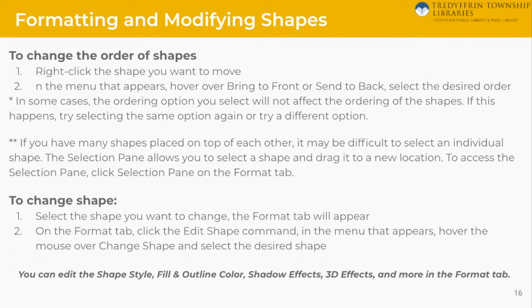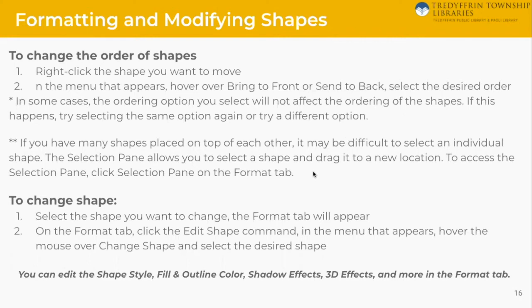So if you've entered in 3 shapes, the third shape will be on top, the second shape will be below the third shape and on top of the first shape, and the first shape will be beneath all of the shapes. So if you wanted to bring forward that first shape, you can do so by clicking Bring to Front, or if you want to send it all the way back, click Send to Back.